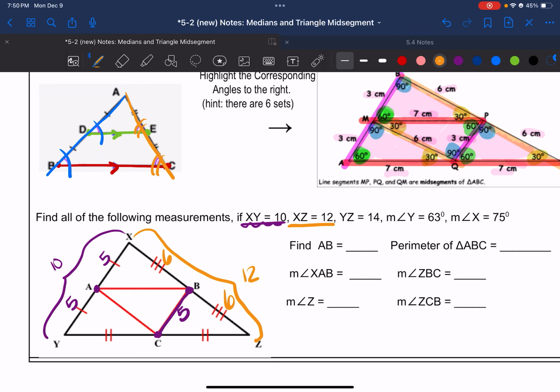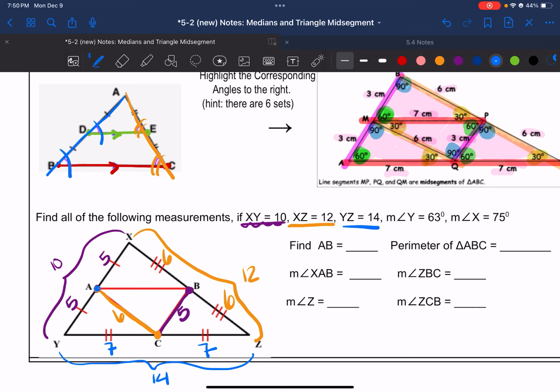Then we get into the angles. This gets a little messy in here, but we'll try to clean it up. Y is 63 degrees, so the corresponding angles are also 63 degrees.